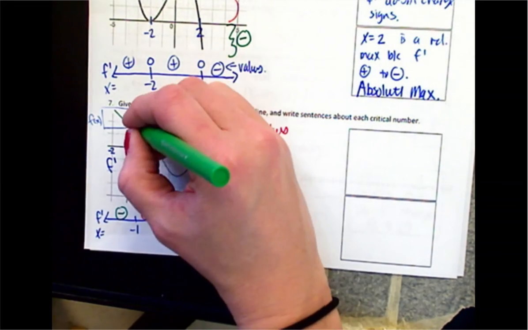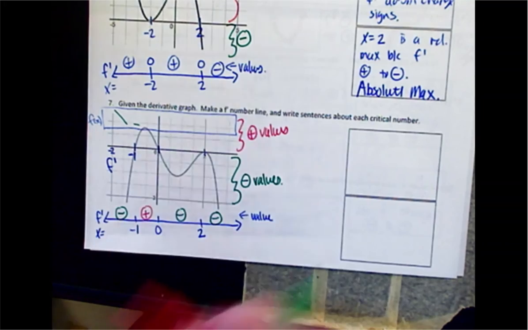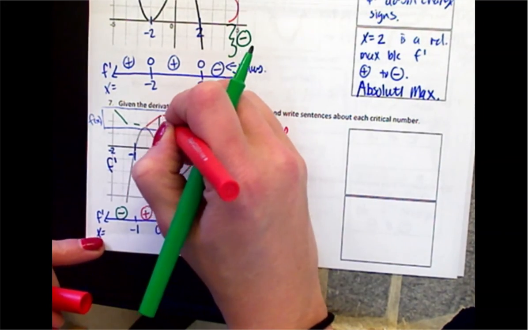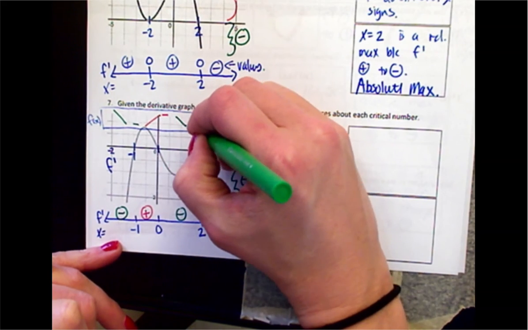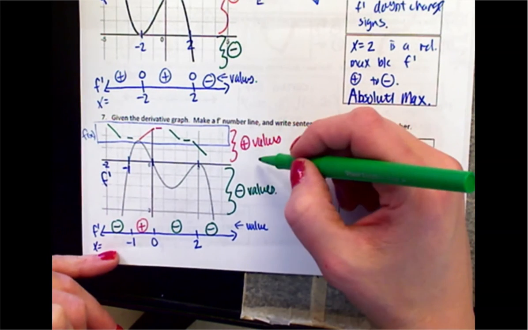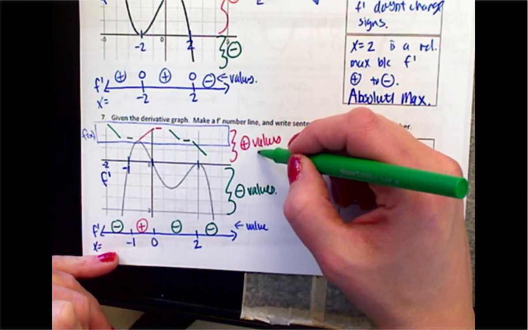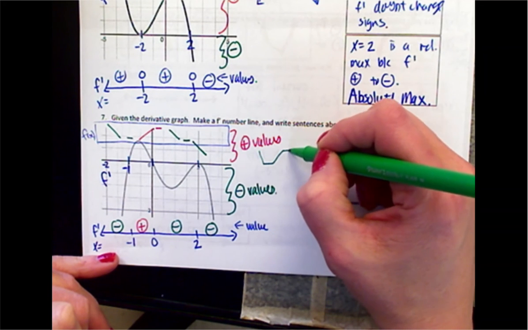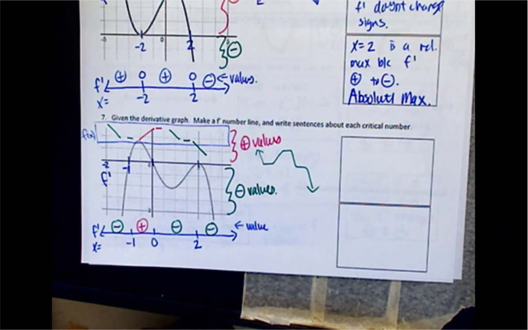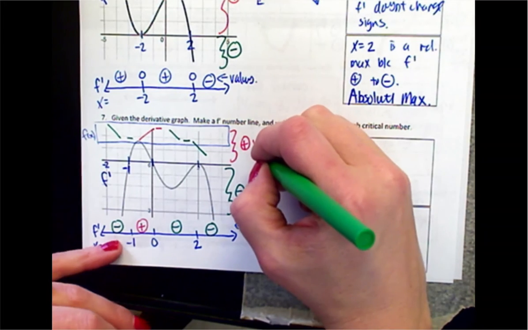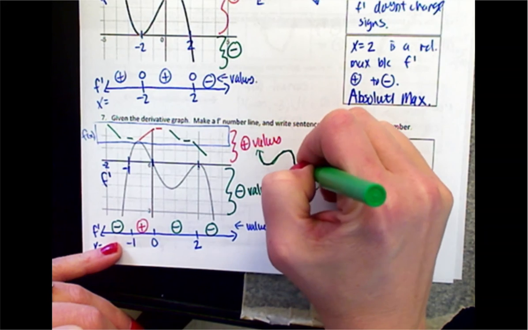Down, 0, up, 0, down, 0, down. Okay, so see if I can put that together here. Right, polynomials aren't very, they're a little smoother than that, but you get the idea.